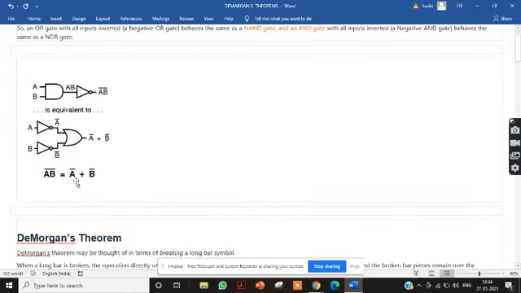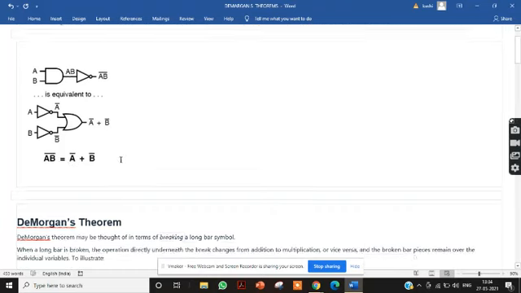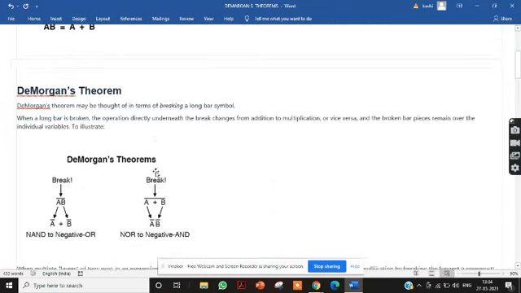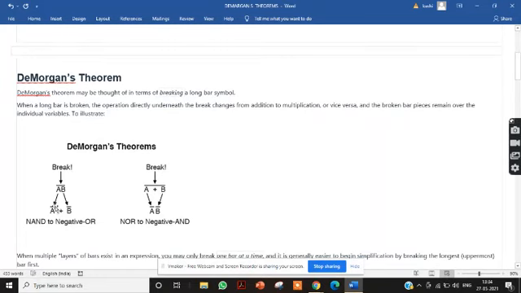So the symbolic representation can be written as the Boolean expression (AB) whole bar is equal to A bar plus B bar. So you observe here, (AB) whole bar means NAND gate, and A bar and B bar are the inputs of the OR gate. A bar, B bar means negatives. So NAND becomes negative OR gate. This is the first De Morgan theorem.